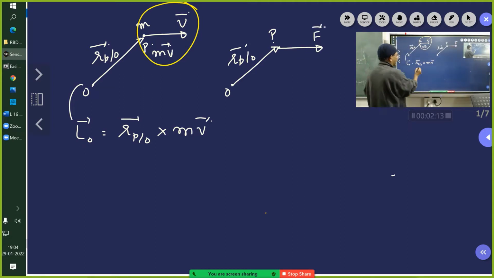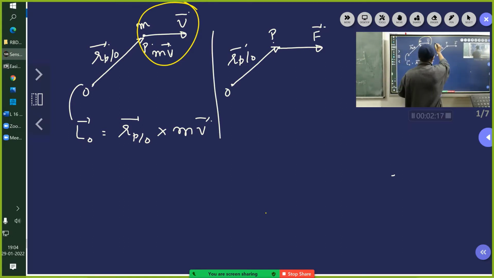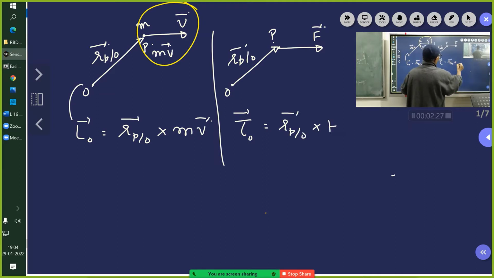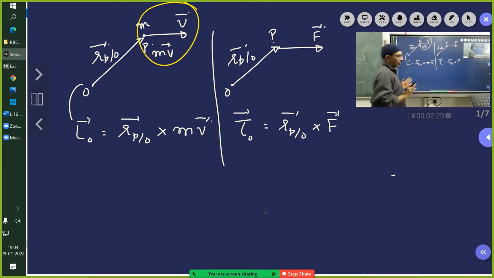Here I will create a new vector called tau bar. Tau bar of O will be equal to r_PO bar cross F bar. Got it? That's all we are going to do. We have just replaced it.